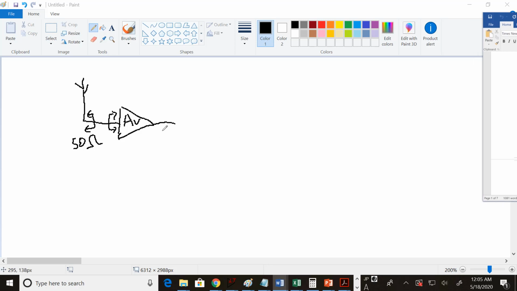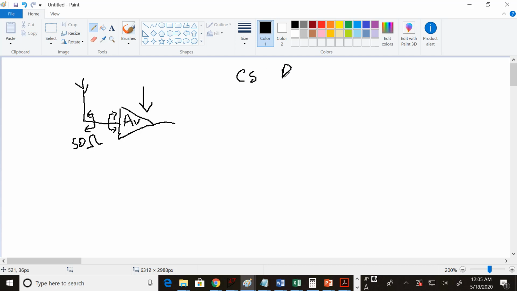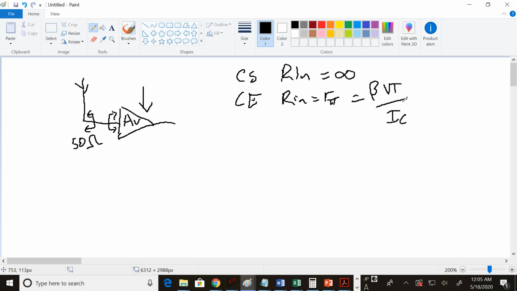Okay, so first one is asking what kind of amplifier this needs to be. Now for a common source, Rn is infinite, so you're not going to get 50 ohms that way. For a common emitter, your Rn is r pi, which is beta VT over IC.